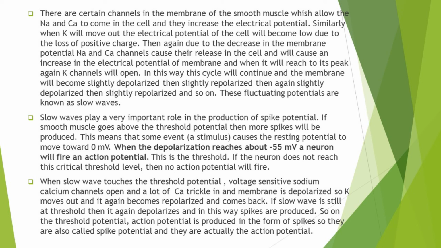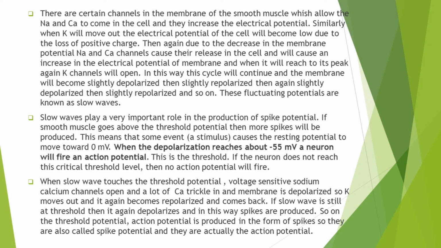Prolonged persistent contractions of smooth muscles are called tonic contractions, and a contraction followed by relaxation, then contraction, then again relaxation is known as phasic contraction, and spike potential determines this phasic contraction.